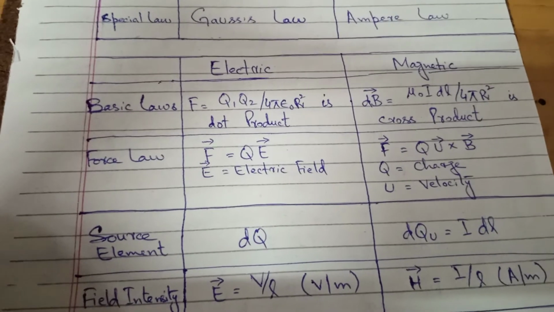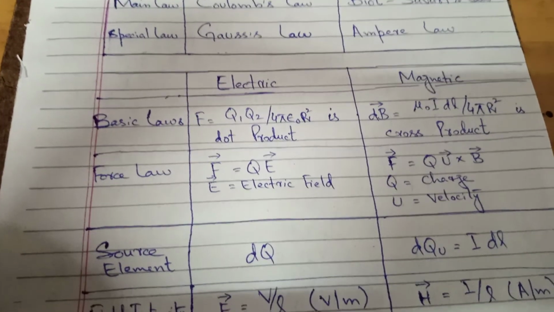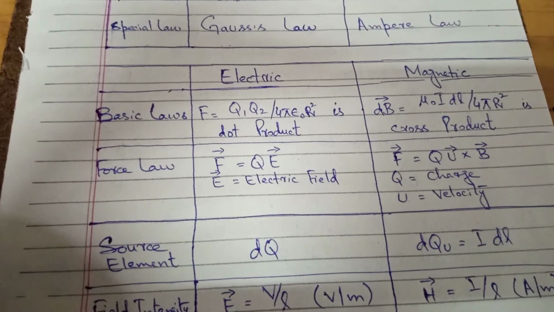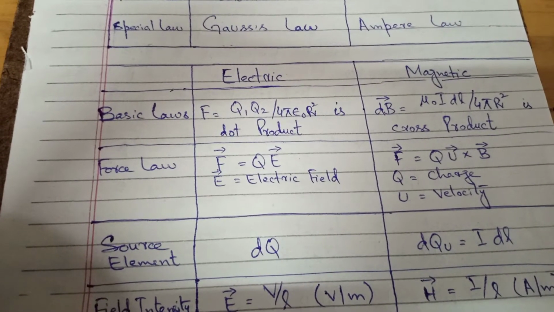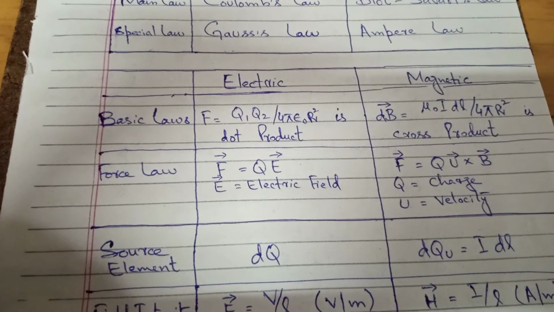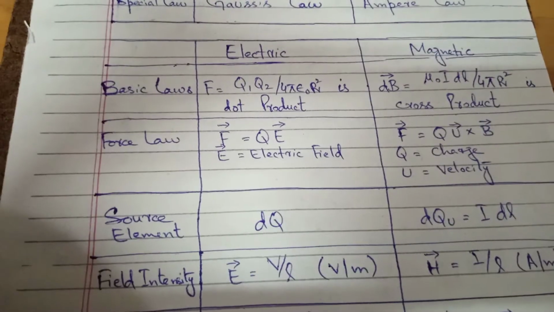Also, the basic law: F is equal to Q1 Q2 over 4 pi epsilon naught R square, a dot product, whereas the magnetic field dB is equal to mu naught I dl over 4 pi R square, a cross product.